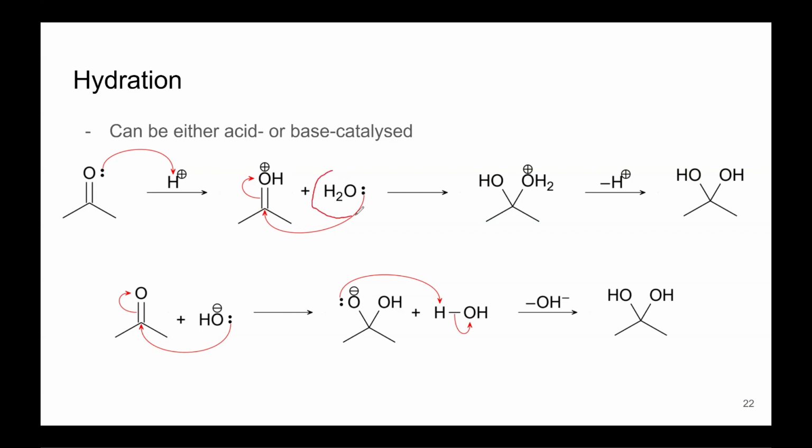And because of that, water, which is not considered a very good nucleophile normally, gets to attack the electrophilic carbon here, because with the protonated carbonyl oxygen, this carbonyl carbon is really electrophilic and really reactive even with water. After that, your H plus can just fall off, giving you your final product.